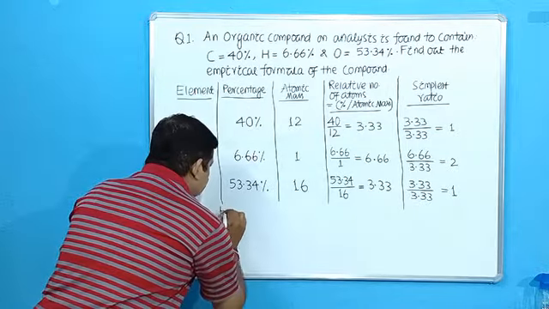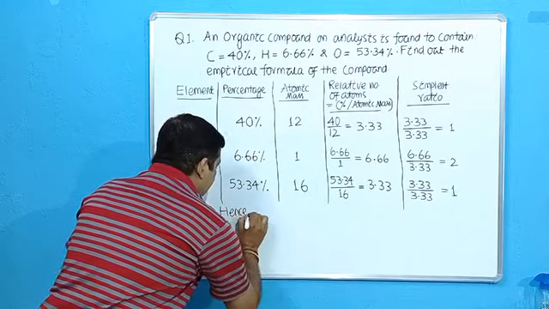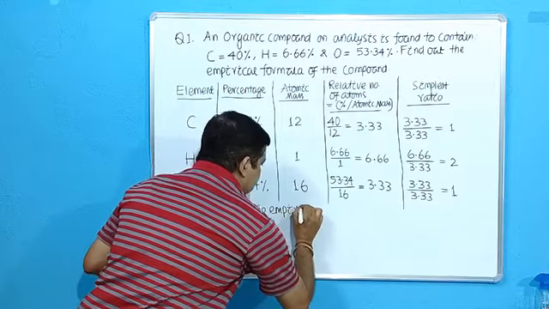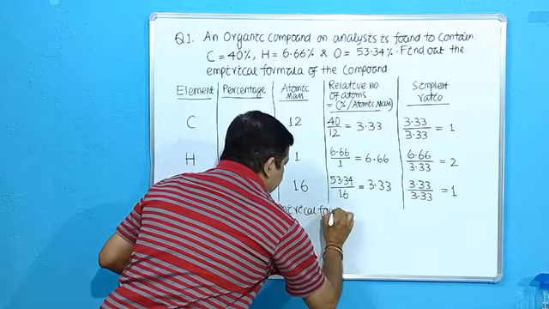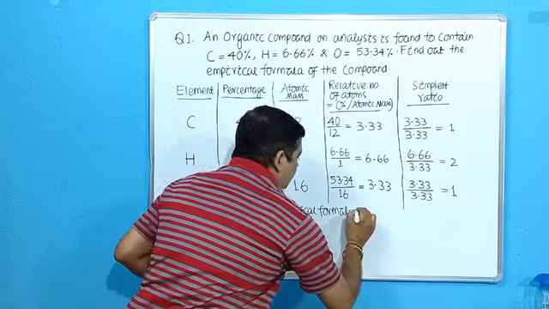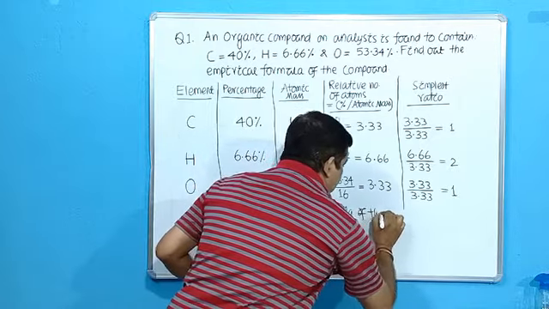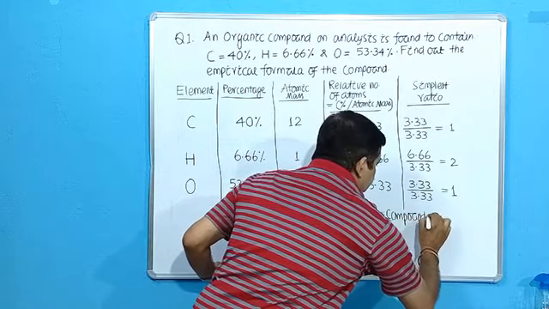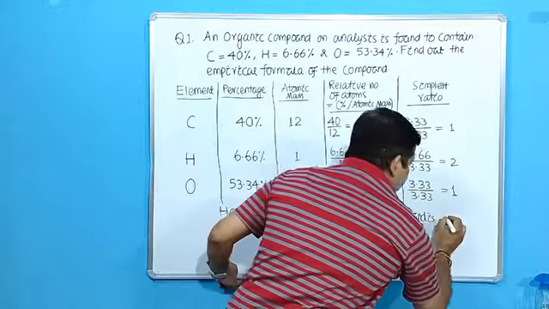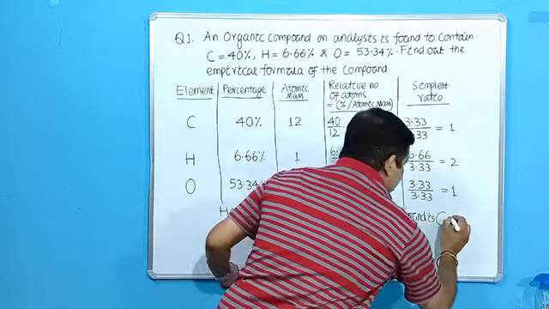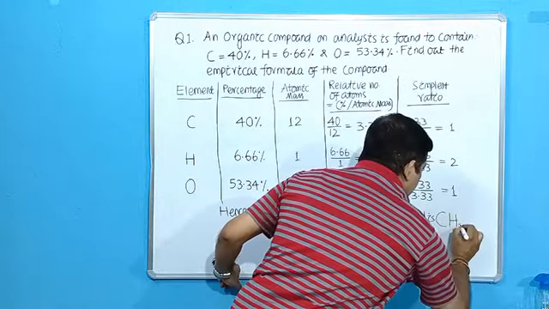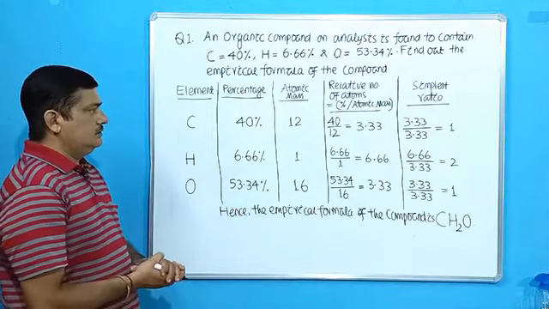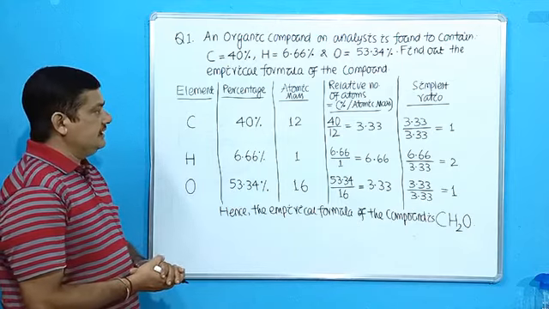So hence the empirical formula of the compound, the organic compound, is carbon 1, we write C, hydrogen 2, H2, oxygen O. So this is the answer, CH2O. So this is how you have to solve these numericals.